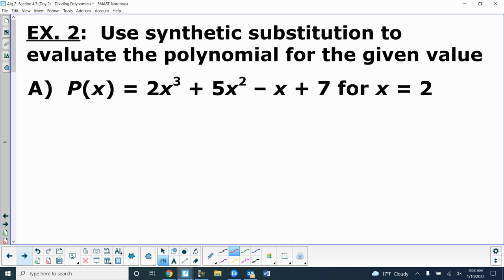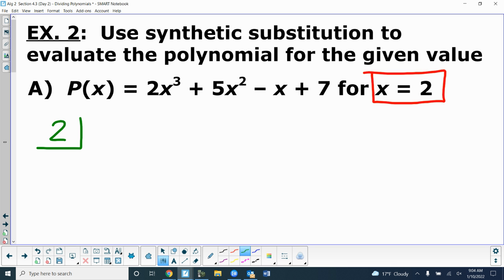Okay? Now, when they do this, they usually don't write x plus 2 or x minus 2 or x plus 3 or x minus 3. They just tell you what x equals. Okay? So it says x equals 2, so what goes in my corner? 2. Don't do the opposite. Right? Because it said x equals 2.